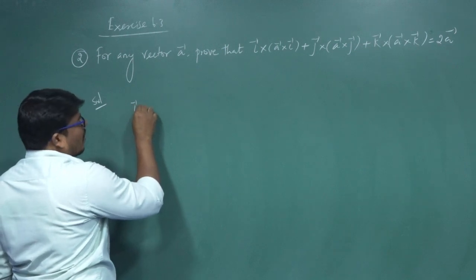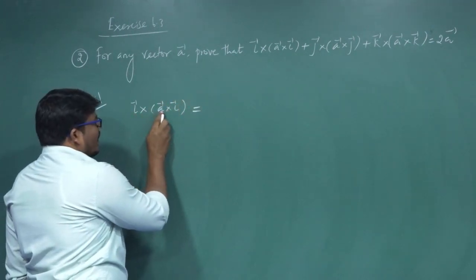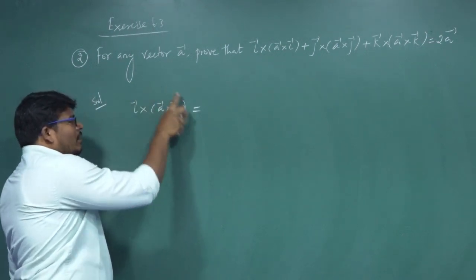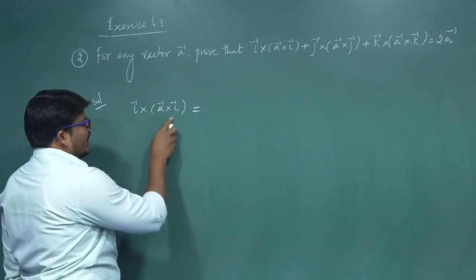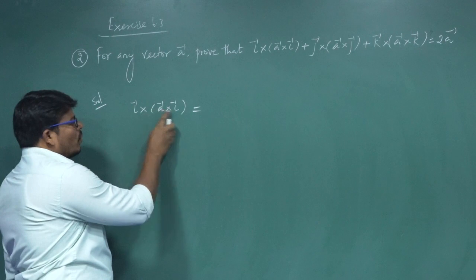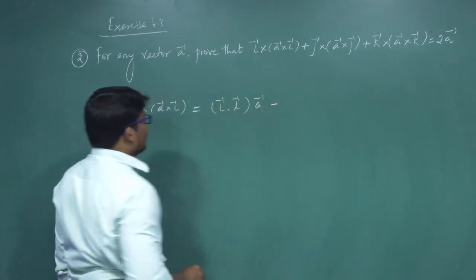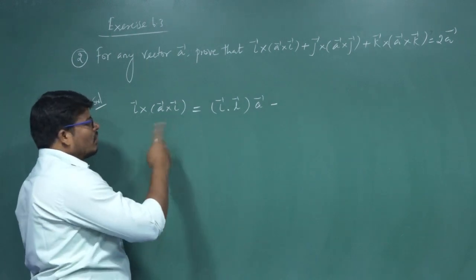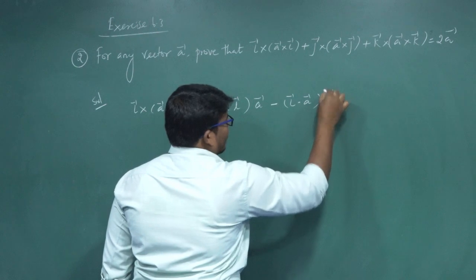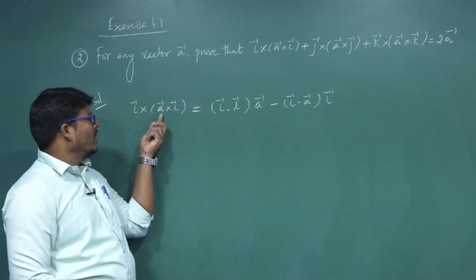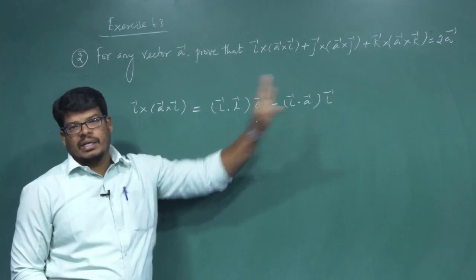By the vector triple product expansion, which you already know, it is i dot i, the middle vector A, minus i dot A into the non-middle vector i. That is, i dot i into A vector minus i dot A vector into i vector.